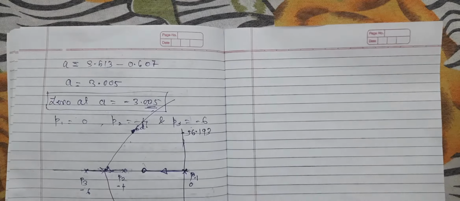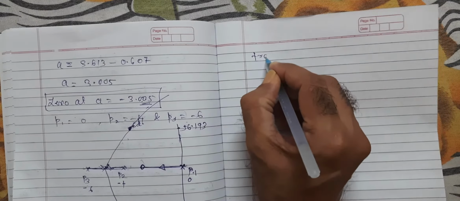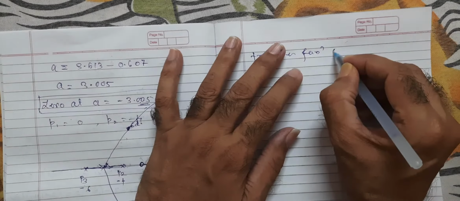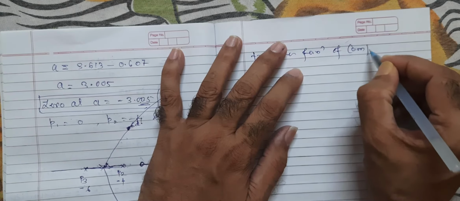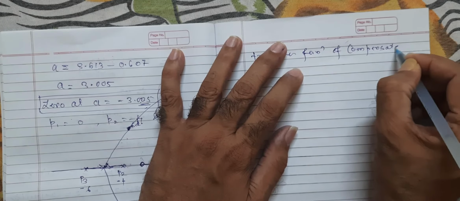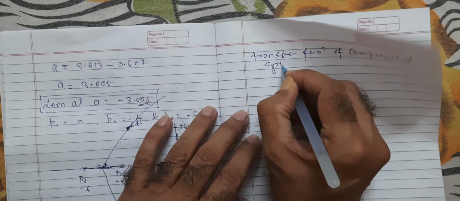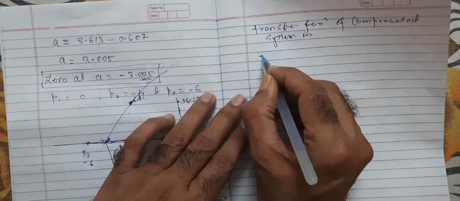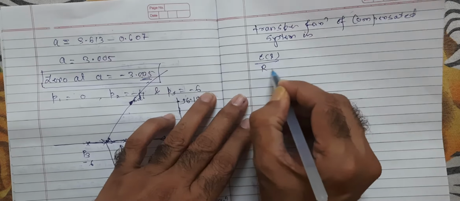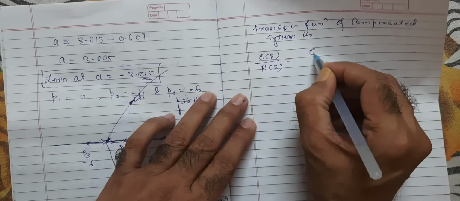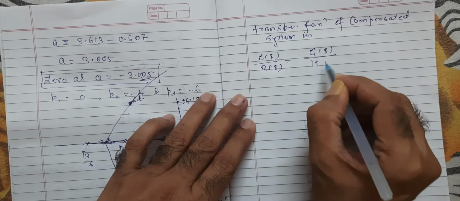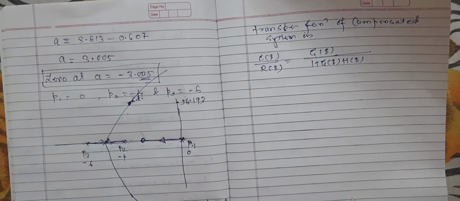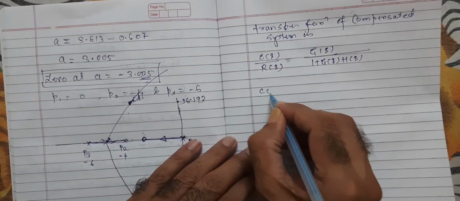So the transfer function of the compensated system is C(s) divided by R(s) equals G(s) divided by 1 plus G(s) H(s).